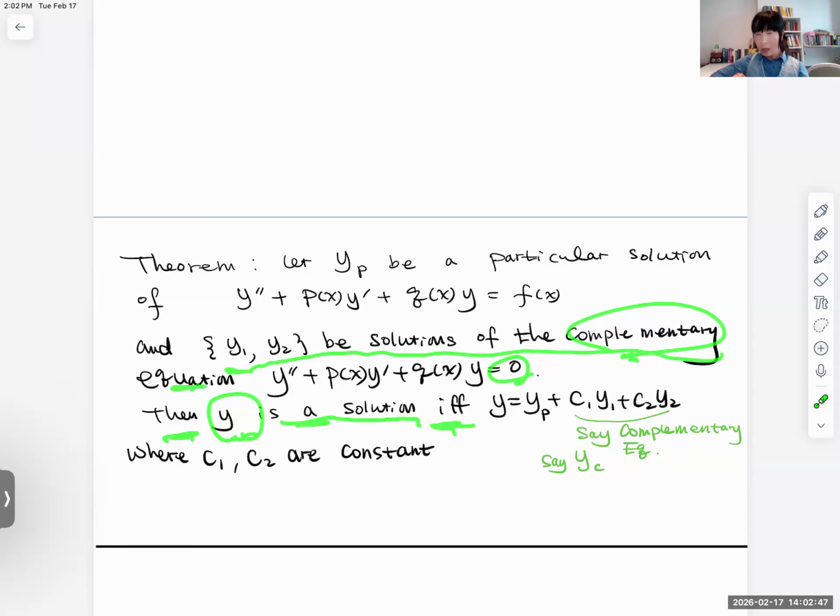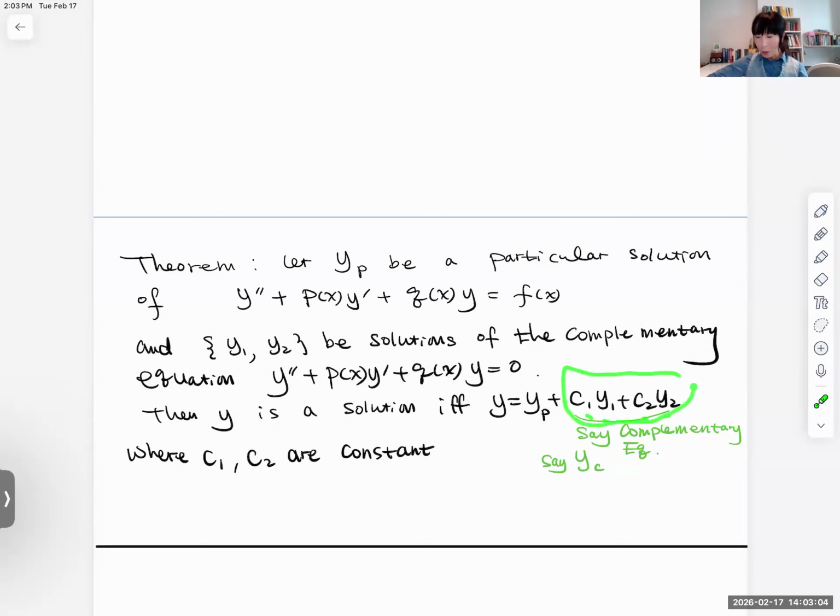if and only if y equals the particular solution plus c sub 1, y sub 1, plus c sub 2, y sub 2. We've seen this one before, right? Previously we said y equal to c sub 1, y sub 1 plus c sub 2, y sub 2, and we said that this is a general solution.